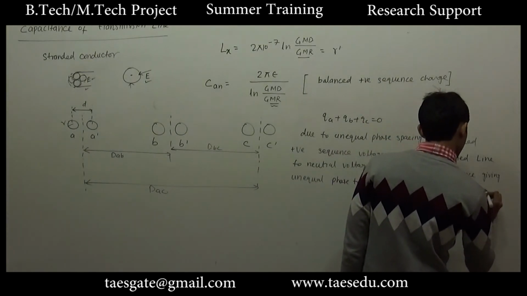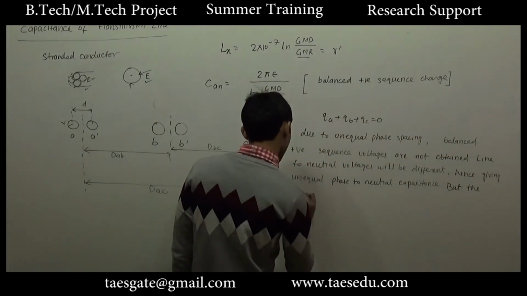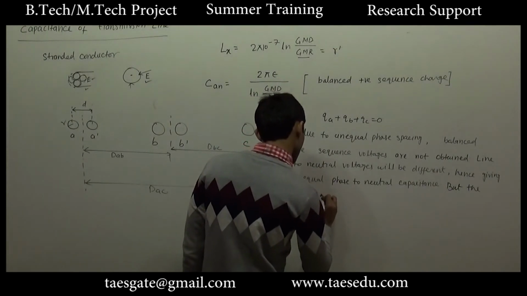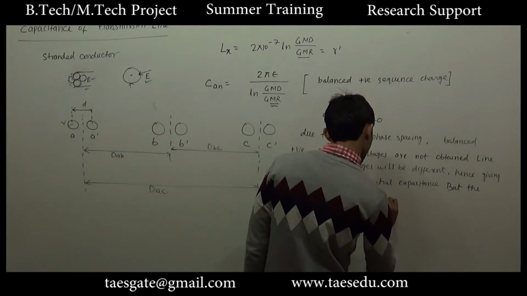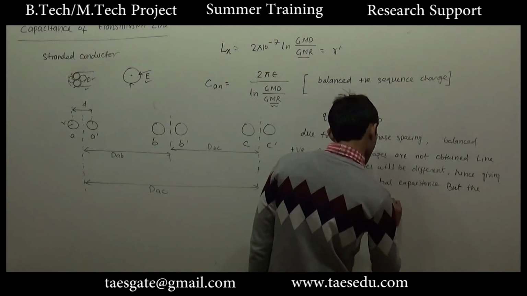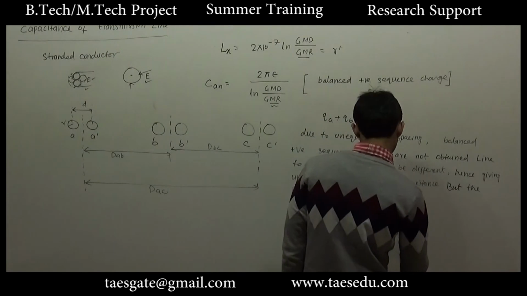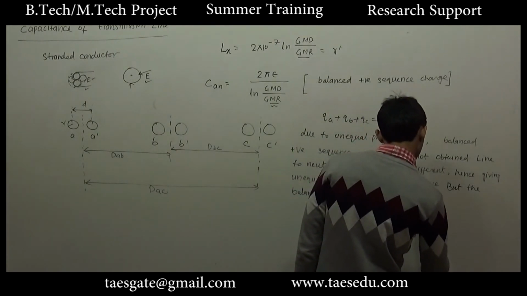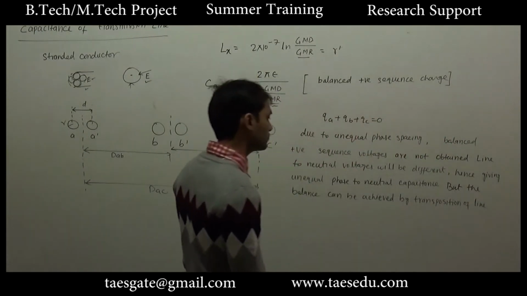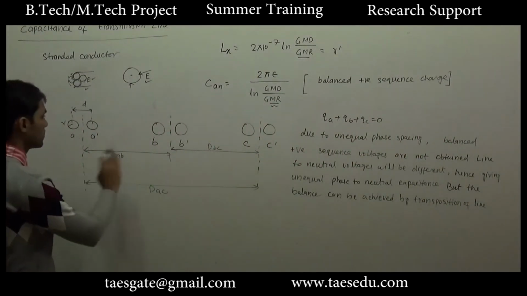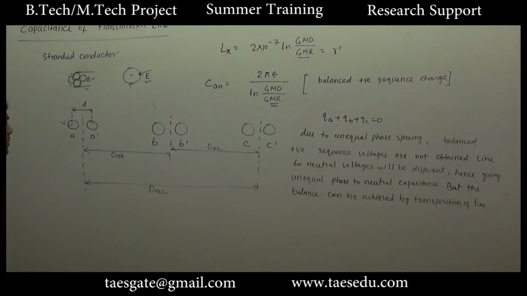But the balance can be achieved by transposition of the line, that is, interchanging the positions of the conductors A, B and C for equal 1/3 of the length of the line.